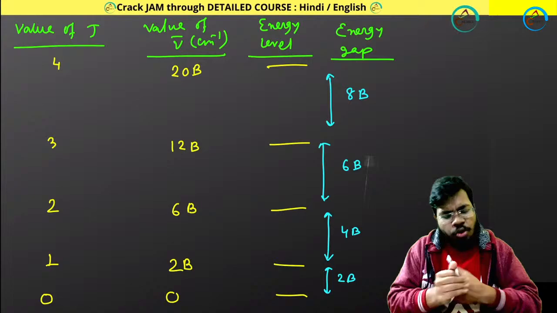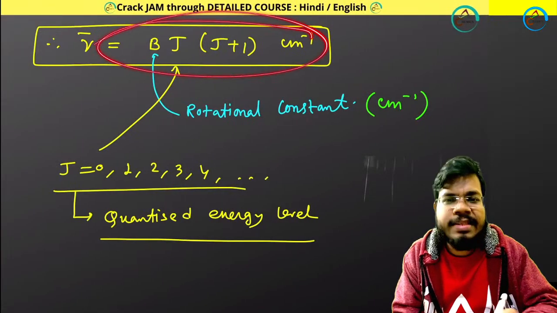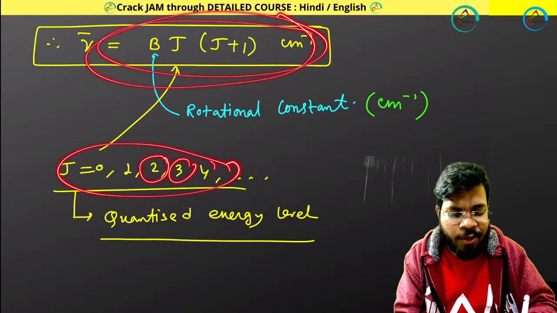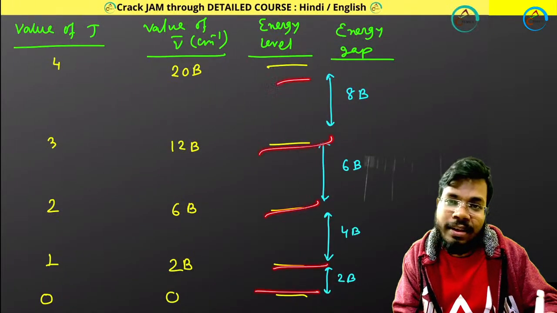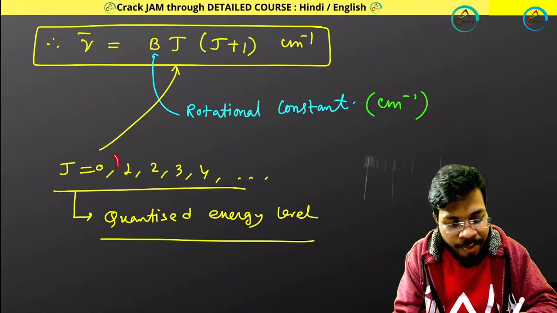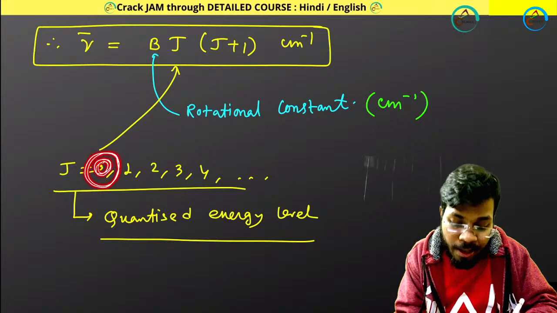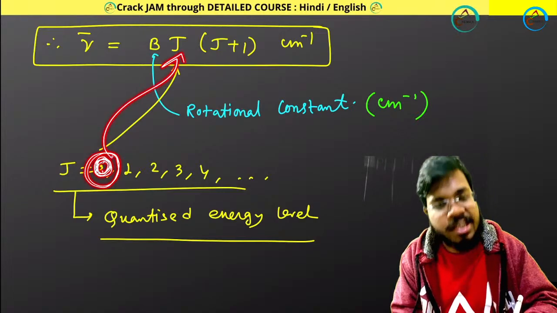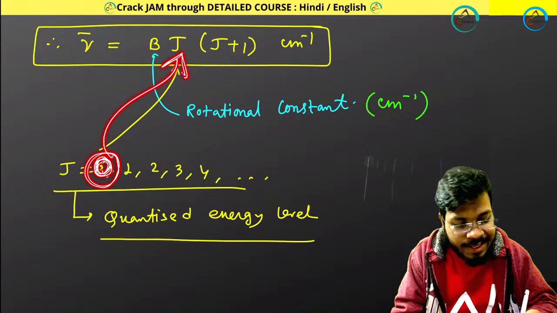You have your energy expression, and in this energy expression, this is your variable, the thing that you change every time to get your quantized energy levels. The lowest value of this variable is 0. So if you put the lowest value of this variable in that energy expression, what value are you getting? You are getting 0.